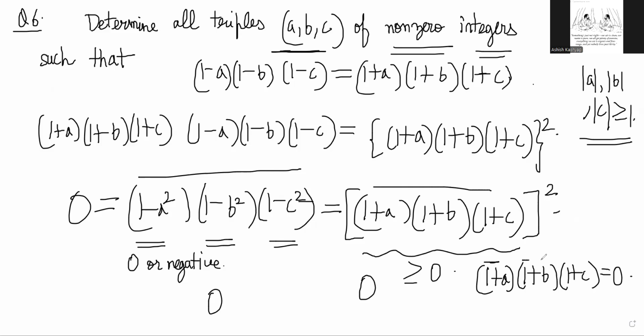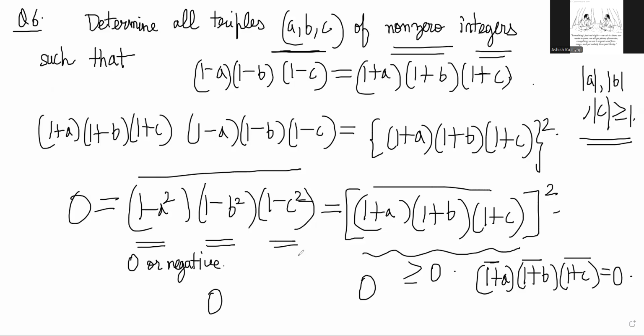Which means one or more of them will be minus 1, right? Now, after that, you have to think about what will make both sides 0. So if you put A as minus 1, then automatically both sides are becoming 0, right? Correct. And you can put B as plus 1 then. B can be plus 1.